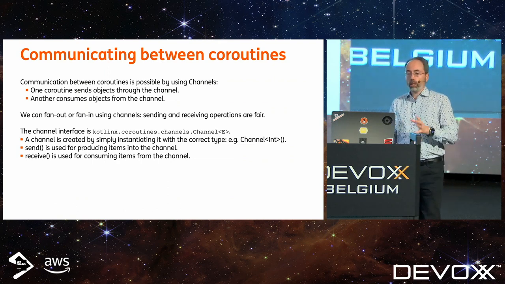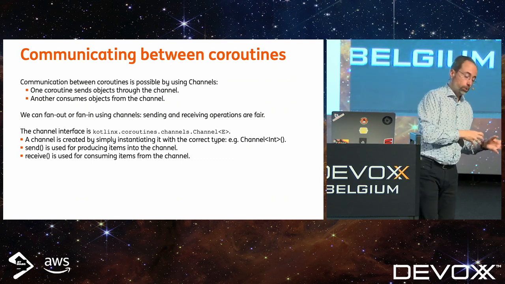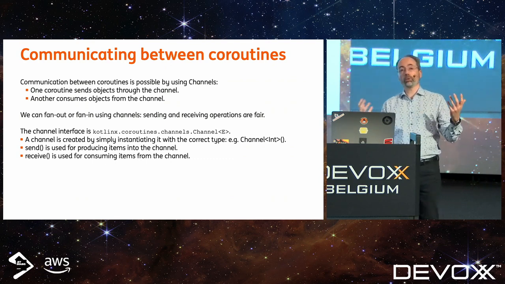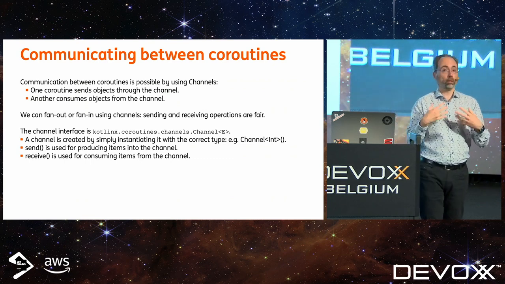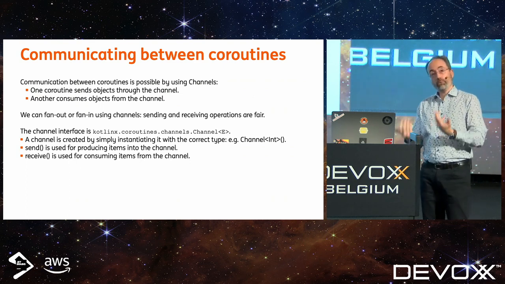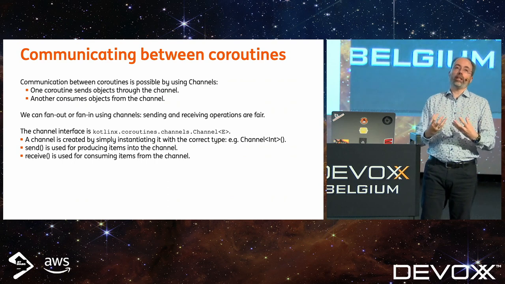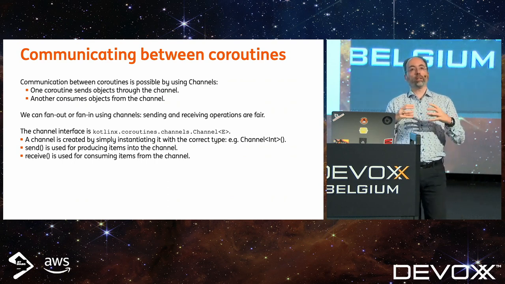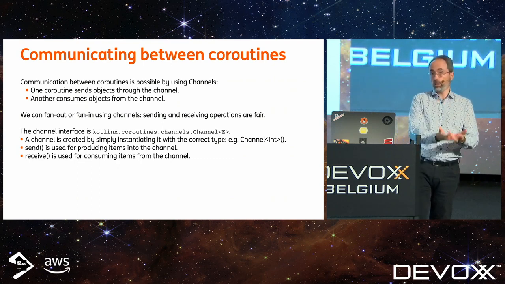Channels allow you to fan out or fan in, which means that one producer can have multiple consumers, and also more than one producer can write to the same channel. Channels are fair in the sense that the implementation attempts to ensure that whoever is waiting first gets a message.